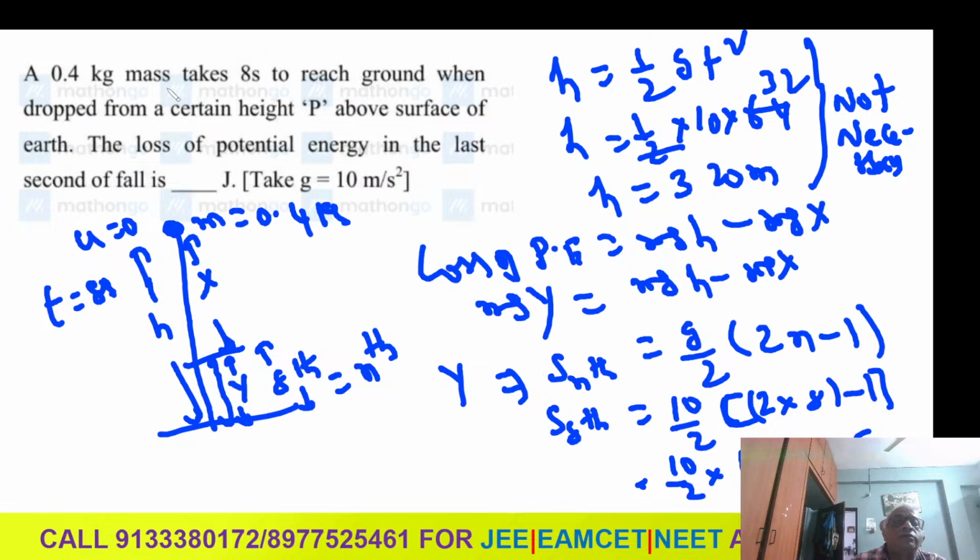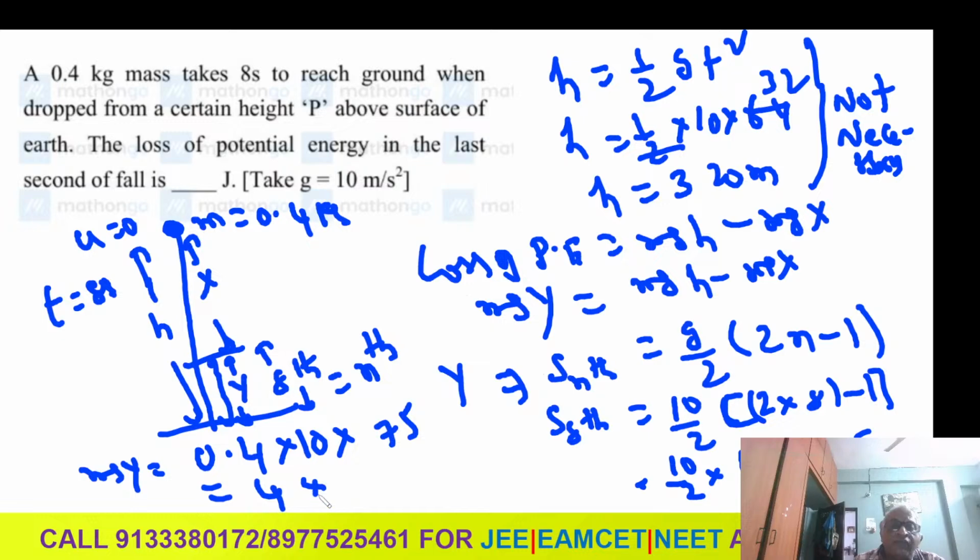So what is mgy? I want to calculate mgy. 0.4 into g, which is 10, into 75. So 4 into 75. How much is it? 300 joules.